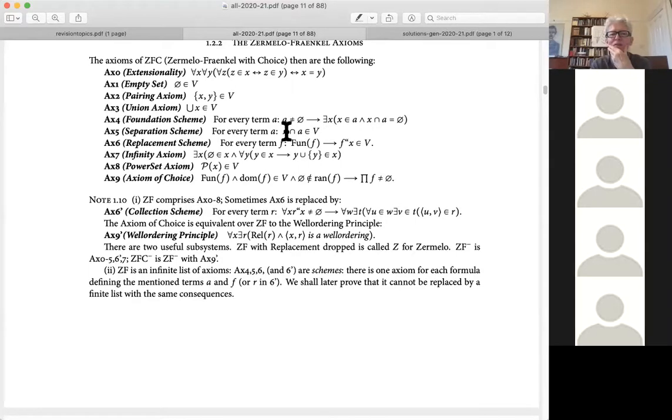So the members of X that satisfy the specification which defines the term A. We separate out from X those elements which satisfy the specification for A, and that's true for any term A, so we take that as an axiom. And the power class of X, this is an axiom that says that it's a set.